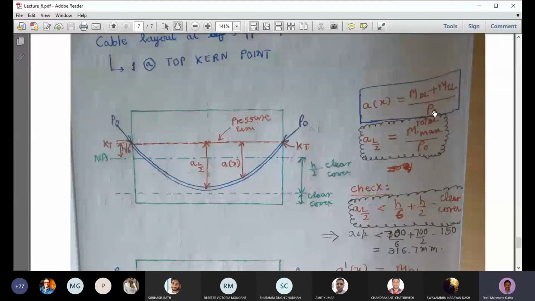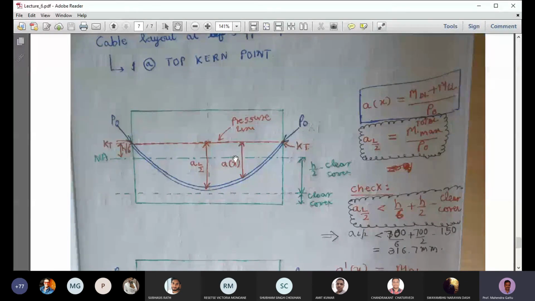We want to make sure that the P naught value is such that it coincides with this top kern line. If the pressure line goes above it, then the bottom fiber will go into tension. We don't want that. So the optimum value will be to make sure that P naught is such that this line coincides with the top kern line.